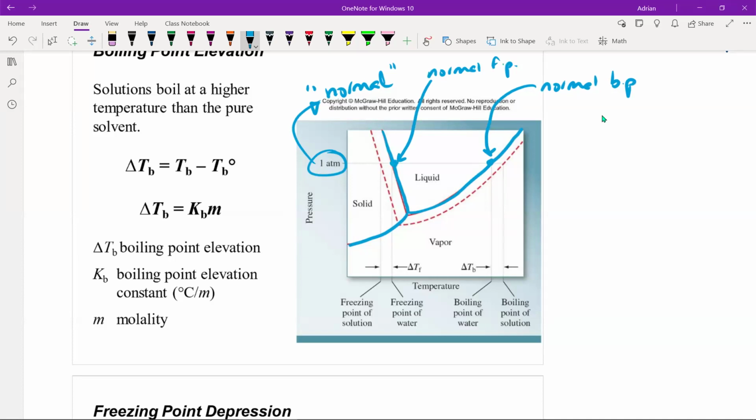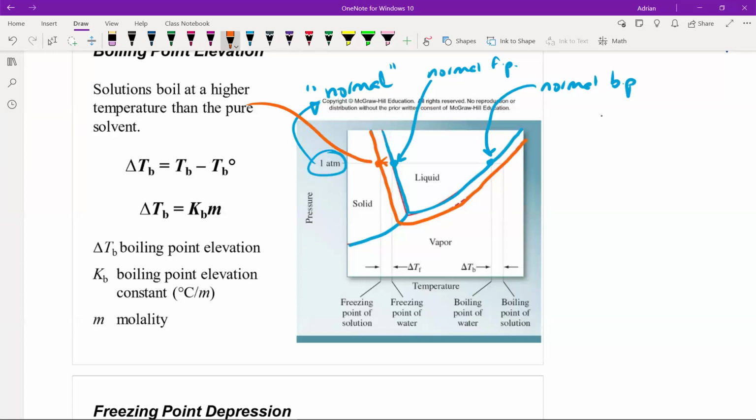Now, if we were to plot the same information for a solution rather than a pure solvent, what we would see is the graph in orange, where those lines are in a different location on our phase diagram. The freezing point is now lowered to maybe here.